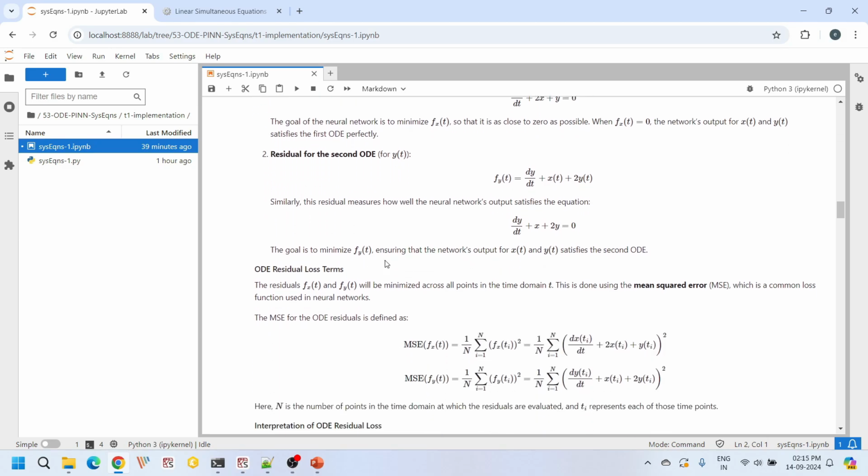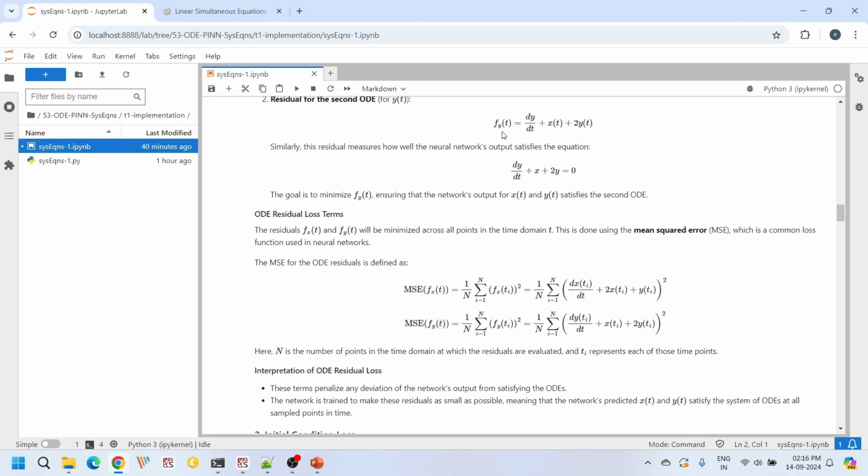And when you look at the overall loss term, we are going to evaluate the residual at several points in the specified domain, and we will take the mean squared error of each of the residual terms at these specified points. So putting these residual terms into this MSE, mean square error equation, we get the loss from the first ODE and this is the loss from the second ODE. As I said, our objective is to get this close to 0.